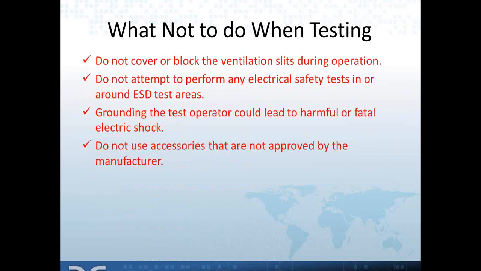Most of our Associated Research testers have ventilation slits and fans to cool down the testers because they are sometimes outputting very high voltage and currents, which can heat up the internal circuitry. So make sure you do not block or cover these ventilations. This can lead to serious damage to the tester and also to some safety concerns.